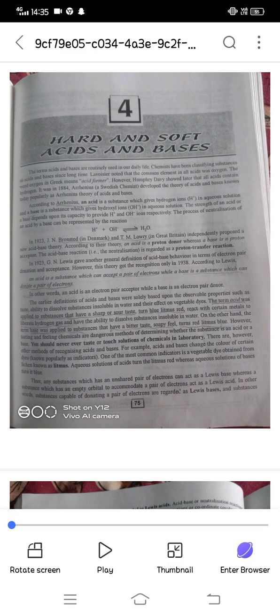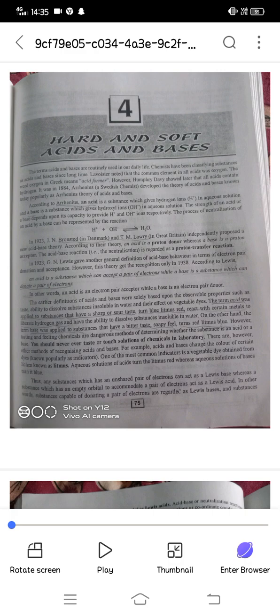On the other hand, the term base was applied to substances that have a bitter taste, soapy feel, and turn red litmus blue.